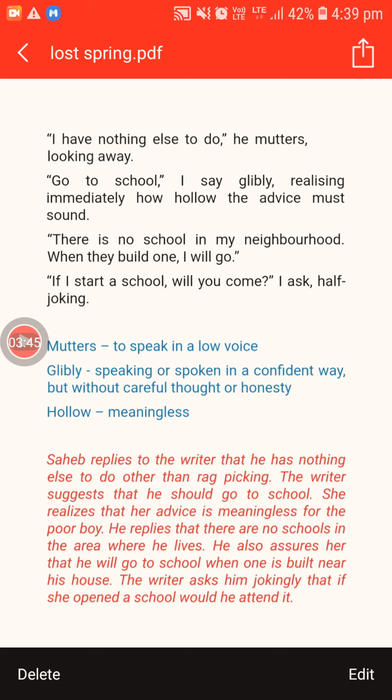So you just read the chapter thoroughly and get the real meanings out of it, the key words which are being discussed here. The writer asked him jokingly, so ironical statements are also there.